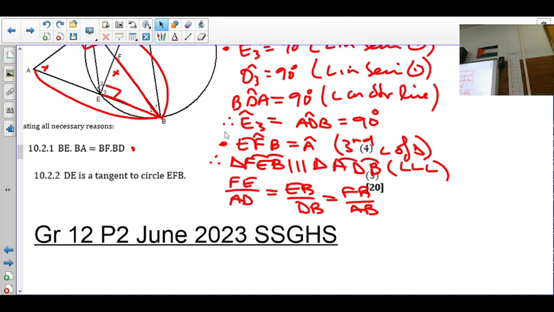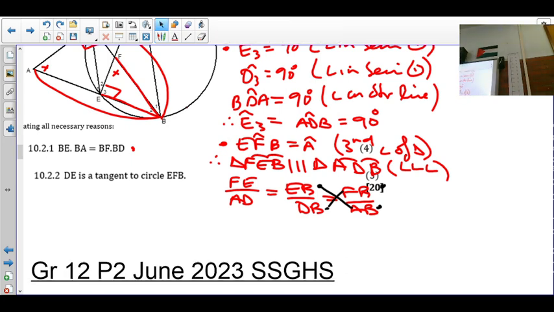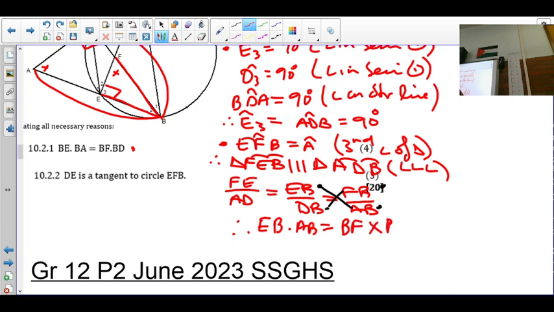So what are they looking at? They're looking at BE, AB, FB and BD. Can you see that? So I cross multiply them. So we just conclude therefore EB times AB is equal to BF times BD.